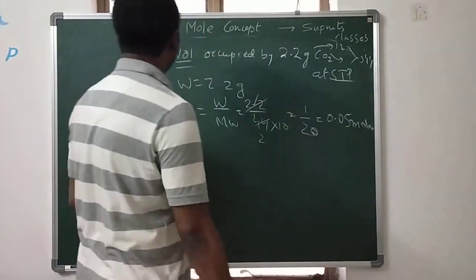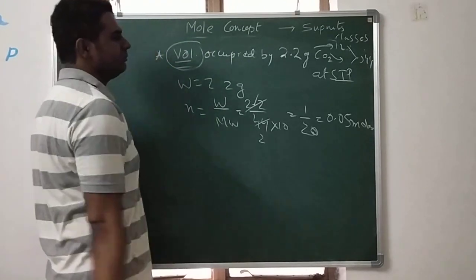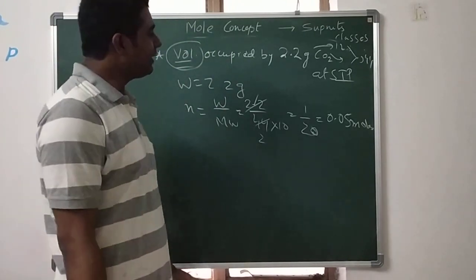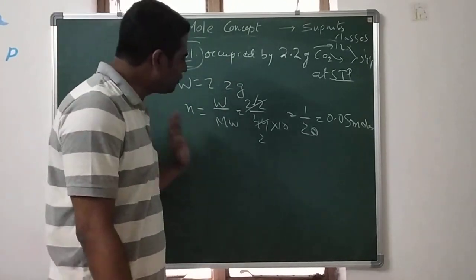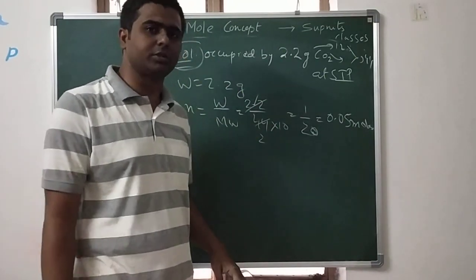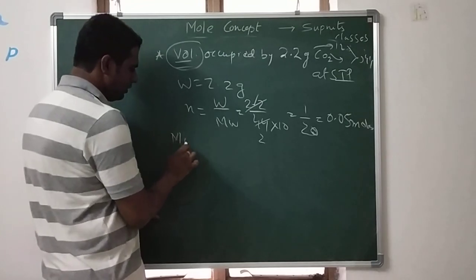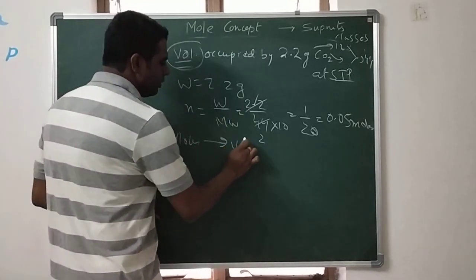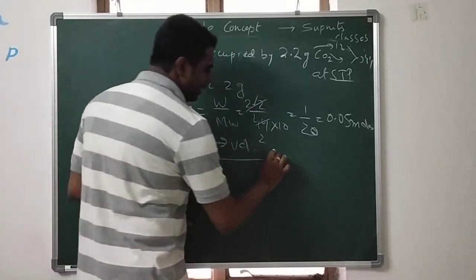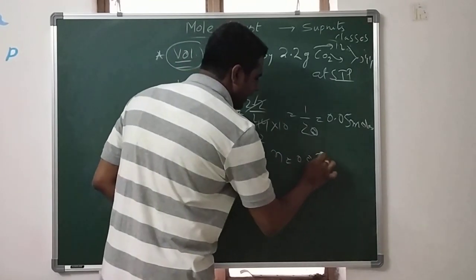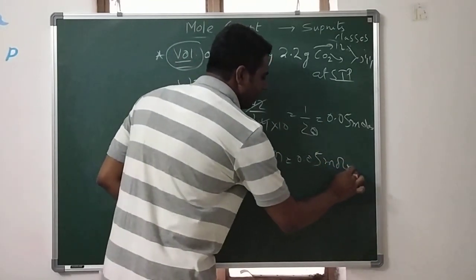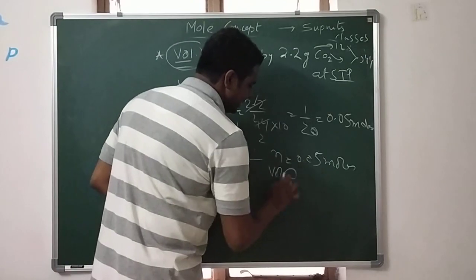Now what do we need? Volume. I told you, whatever is given, with eyes closed, first convert it to moles. After that you will see what the question is. Volume is given. From moles you have to convert to volume. What do you do at STP? Number of moles is 0.05 moles. So what is the volume at STP?